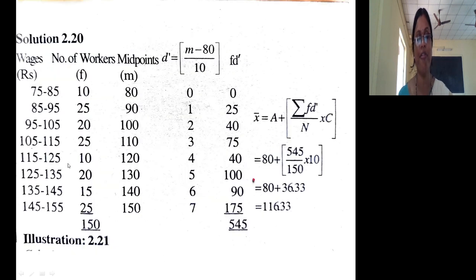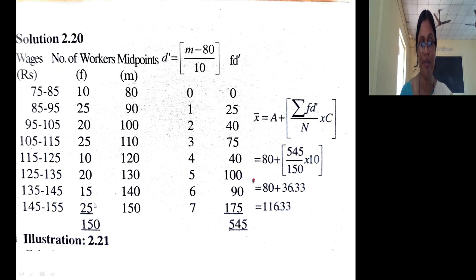So just see how I framed the problem. This is how I reframed it. For wages, as it is more than 75, 75 becomes the lower class limit. 75 plus 10, 85 plus 10, 95 plus 10, like that. The last one, more than 145, 145 plus 10. For the number of workers, I started from the bottom, not from the top.